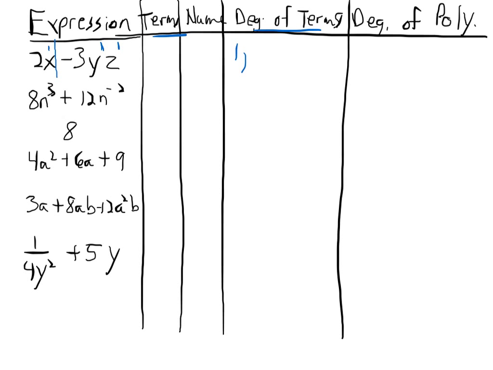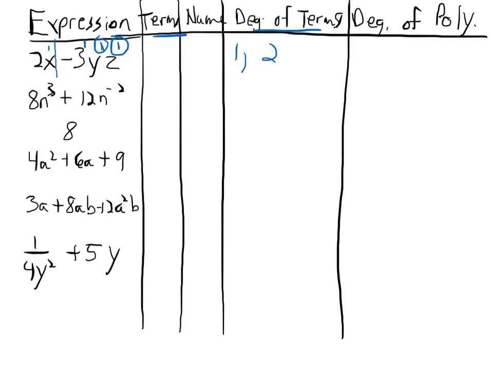Okay, if you didn't write those in already, make sure that you do that. There's also a hidden 1 on that 3, but when we're finding the degree, do we care about the 1 on the numbers? The answer is no. So we only add up these two. So what's the degree of the second term? The answer is 2.